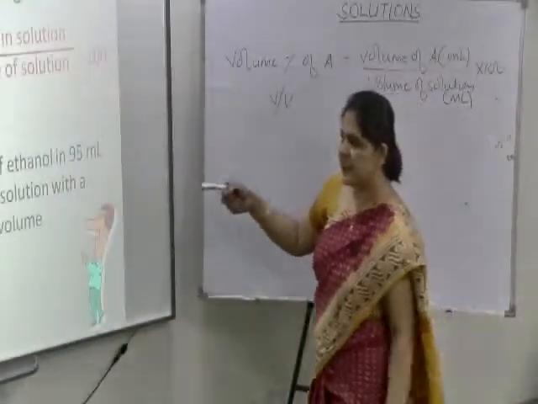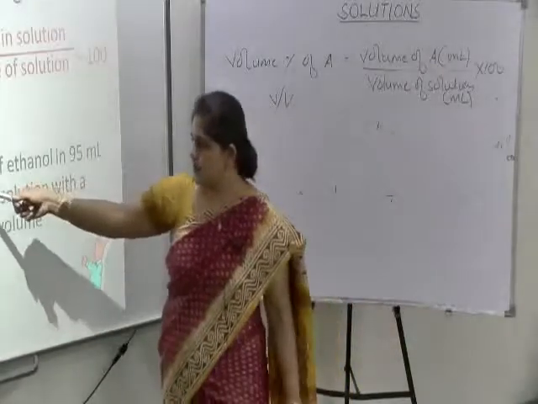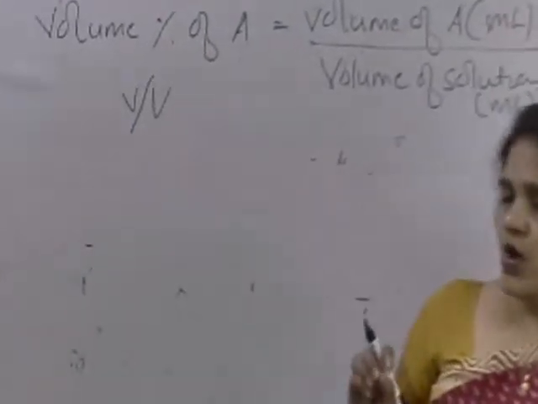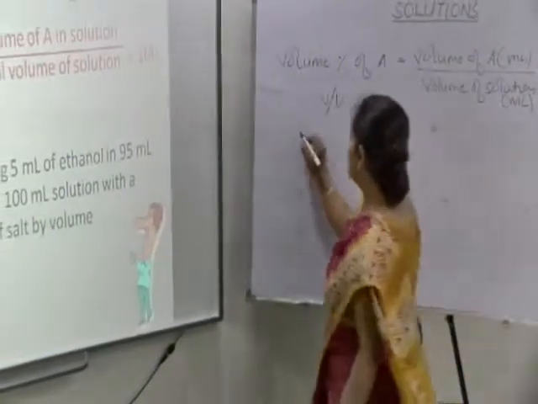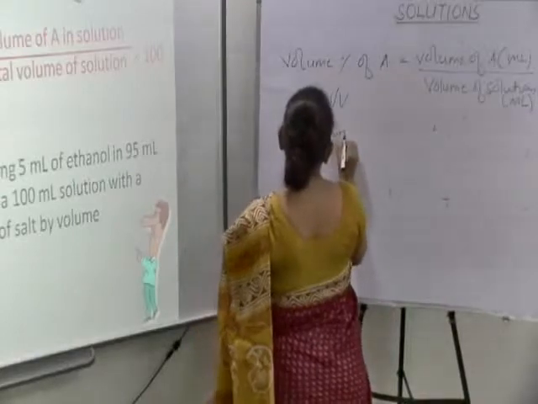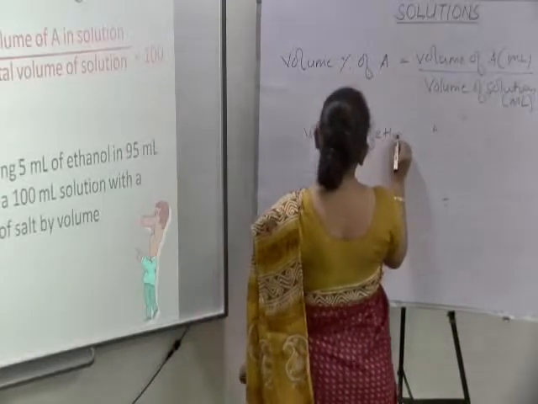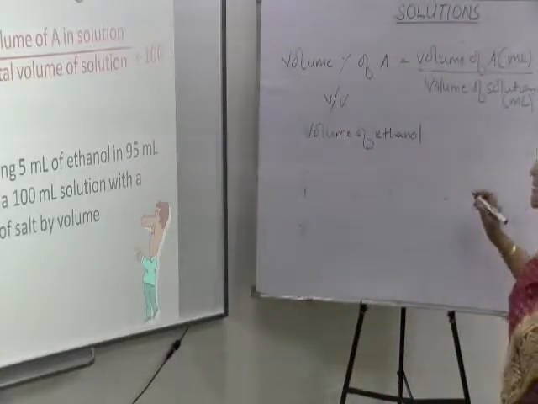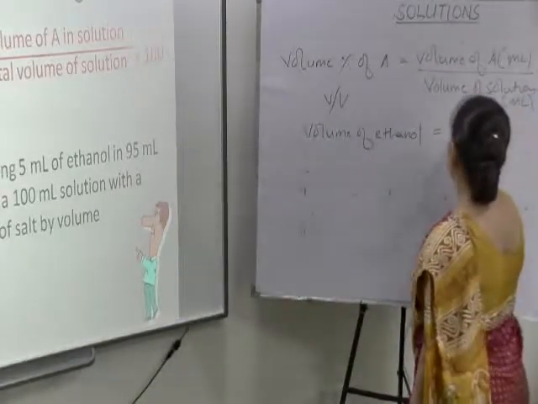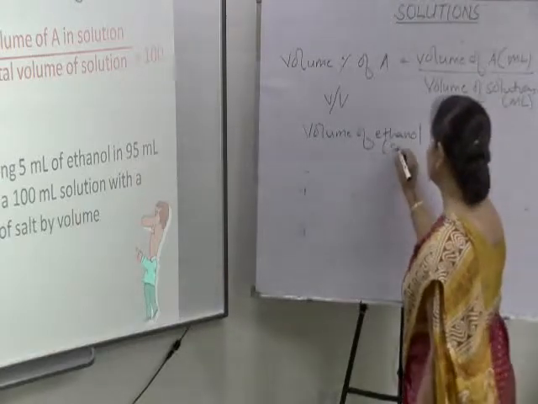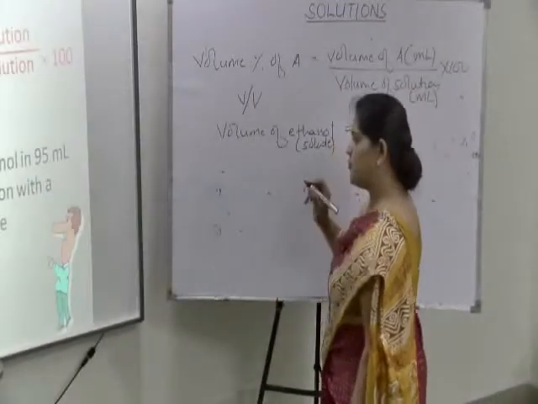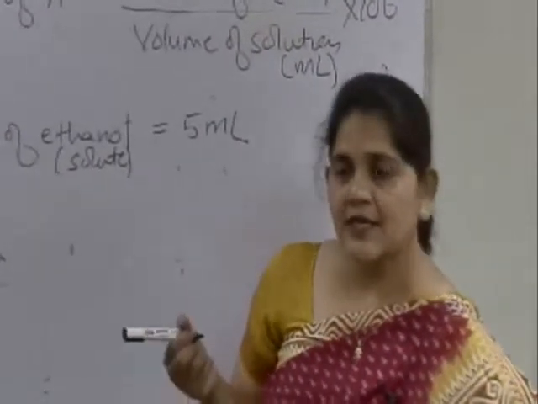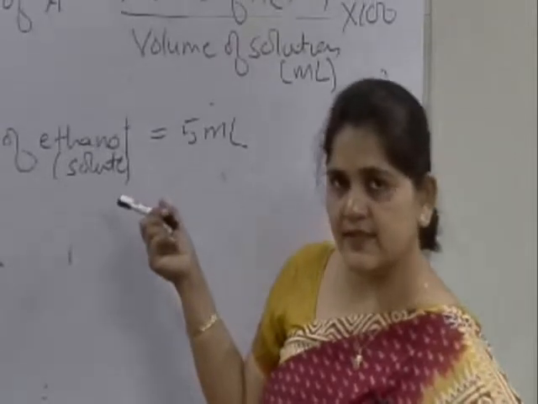Now, the example which I have taken over here is dissolving 5 ml of ethanol in 95 ml of water. The volume of ethanol, that is the component whose volume percentage we want to calculate, is 5 ml, which is actually the solute. If you remember, if you are mixing two components which are in the same physical state, the one which is in a smaller quantity is called the solute.